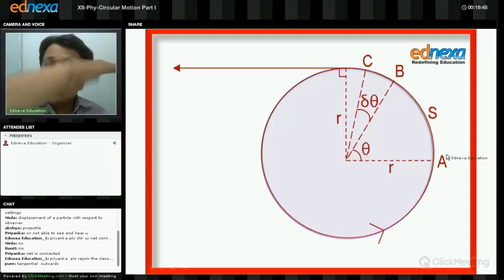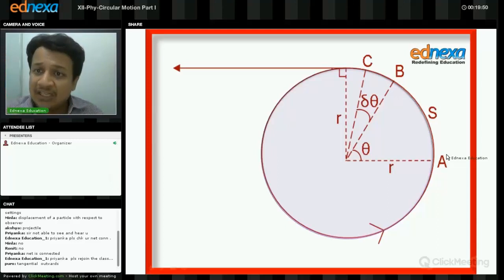What will that tangent indicate? That tangent will indicate direction of velocity, linear velocity of the particle. Hope you are getting it. If you are not getting any point from my description, you can ask me in the chat box. You are very free to ask me doubts.